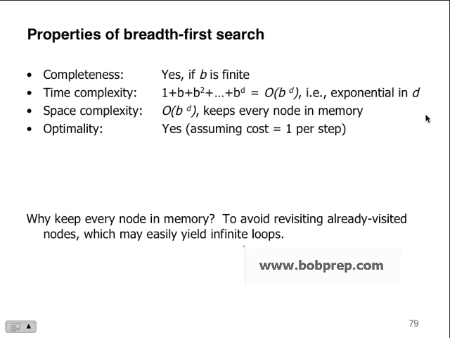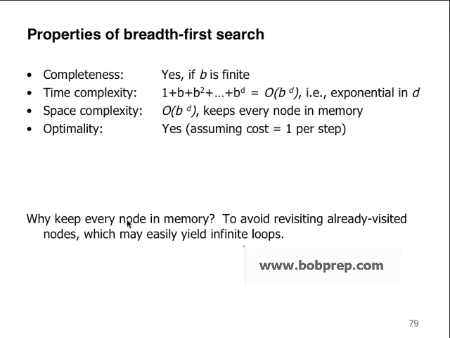Time complexity, it's exponential to D, which is how many levels we're going to have. Space complexity, well, it keeps every node in memory. We have to analyze after we've expanded everything to follow it through. Optimality, yes, assuming the cost is equal to 1 per step. Given the search space, how big the tree is, it could be optimal.